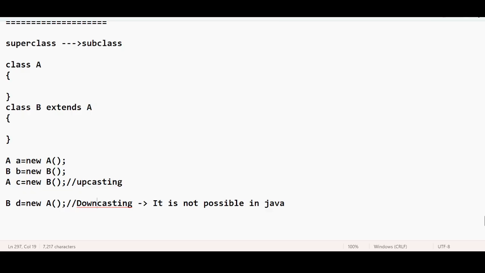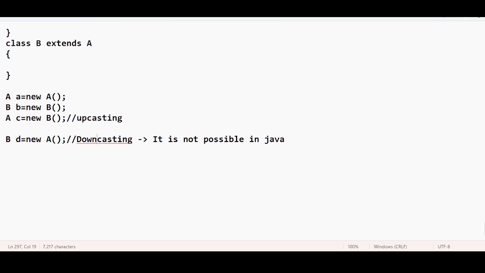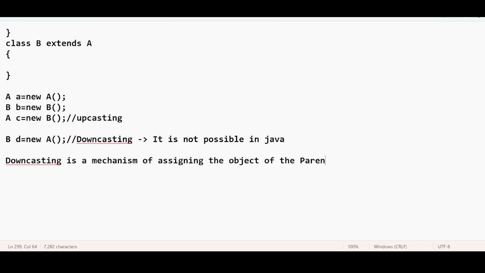Right? So let me put a small theory. So what is downcasting? I can say that it is a mechanism of converting a reference, or else I can say the mechanism of assigning the object of the parent class to the child class type.